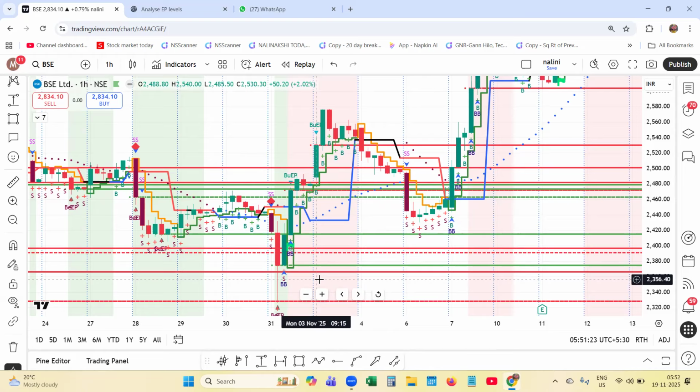So you can find the footprints of the big player. Here you can find the big player footprints. That's why the market rallied so strongly. It started from the big move.